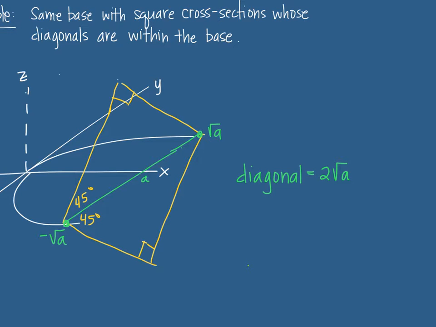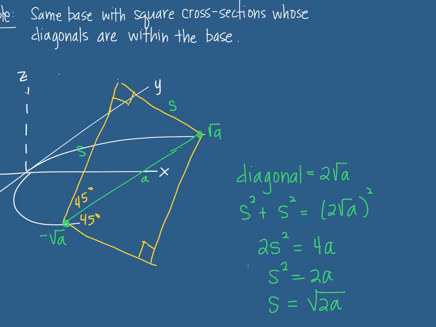Let's call the individual sides S. According to the Pythagorean theorem, S squared plus S squared has to equal the hypotenuse, which is 2 rad A quantity squared, which means 2S squared equals 4A, which means S squared is 2A, and a single side is the square root of the quantity 2A.